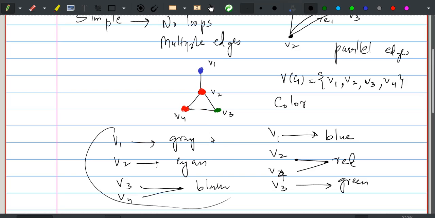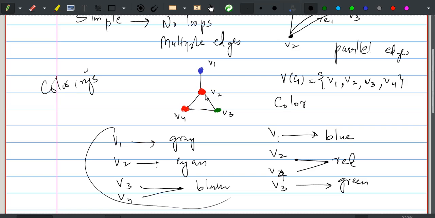So for a given graph we may have different colorings, but we are interested in those colorings such that no two adjacent vertices get the same color. Suppose if we look here, vertex V2 and V4, they are adjacent.